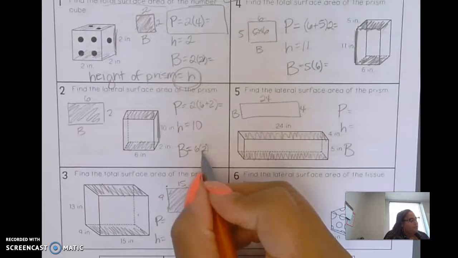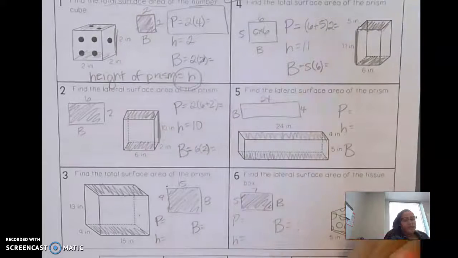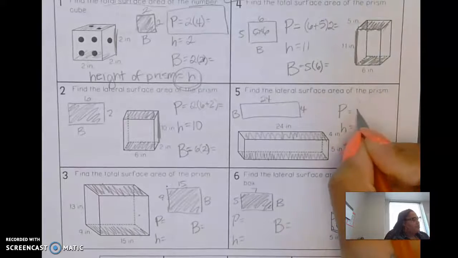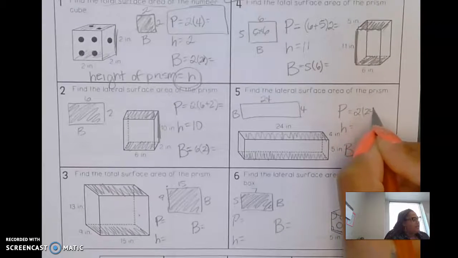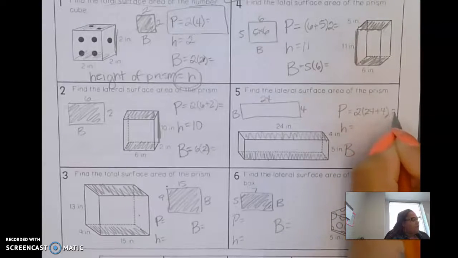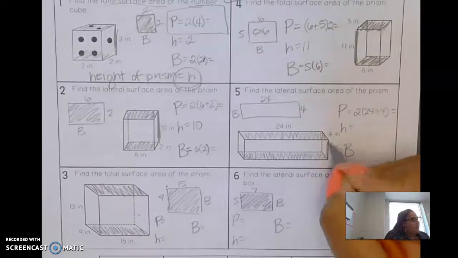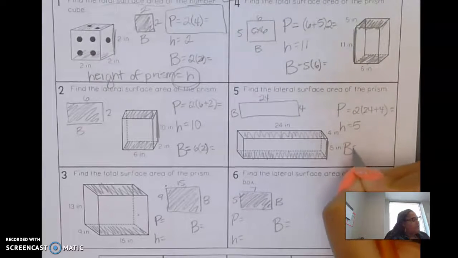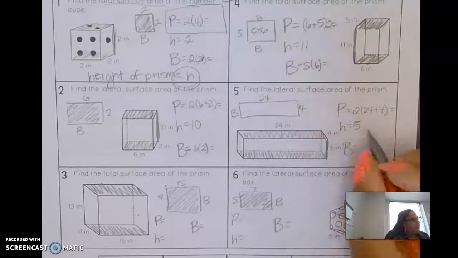Oopsies. Calculate. Over here, my big P is 2 times my 2 sides added together. Calculate. My height is what connects the bases, which is 5. My base area is 24 by 4.